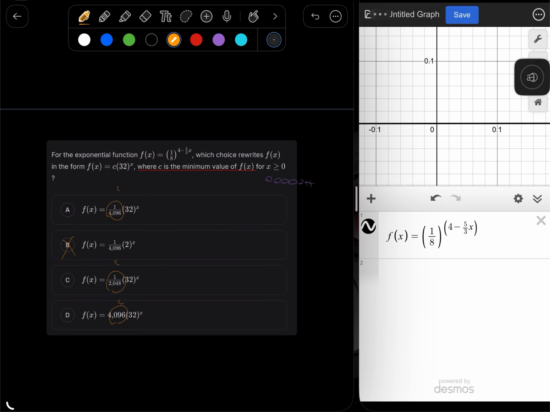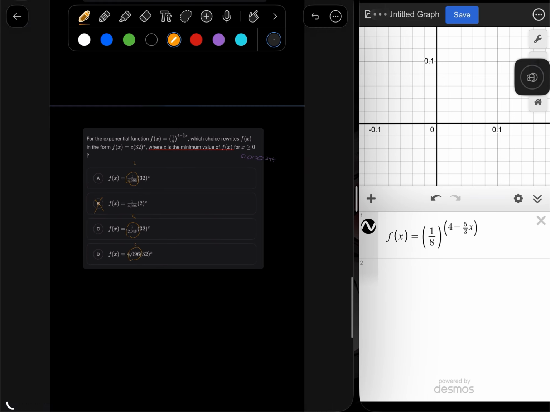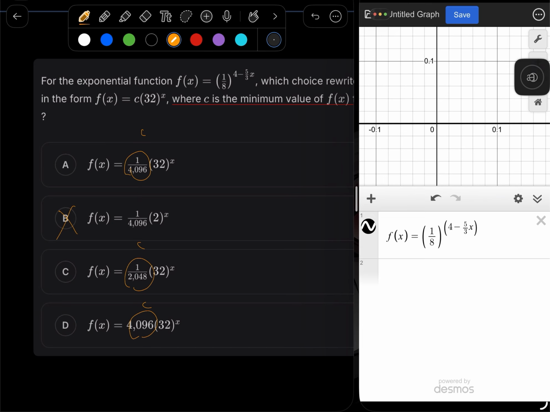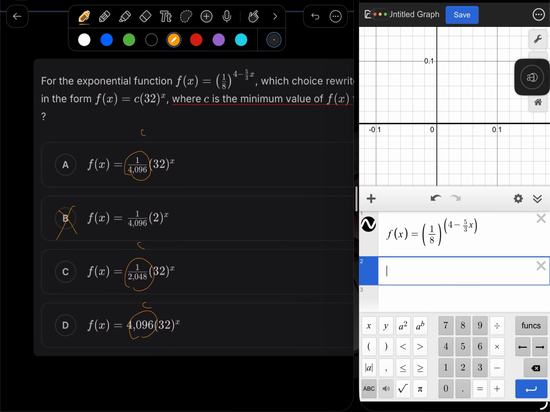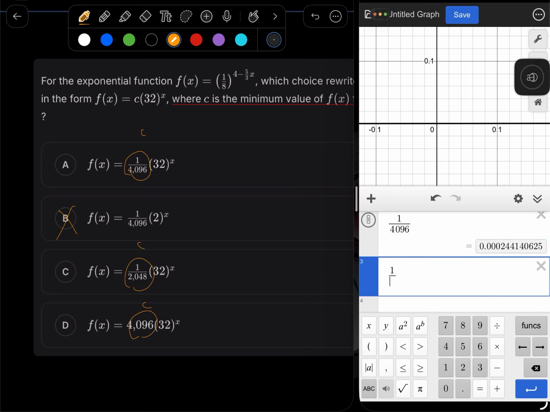Well, we found out earlier that c was this. So what I would do is plug each of these coefficients into Desmos and see what the decimal equivalent is. So we have 1 over 4096, 1 over 2048, and 4096.